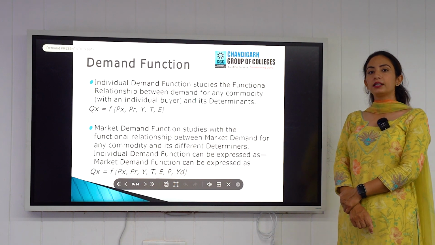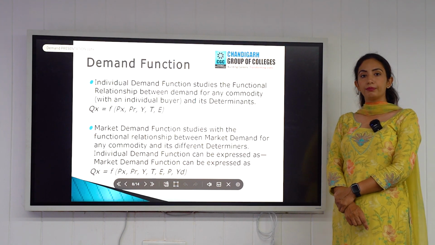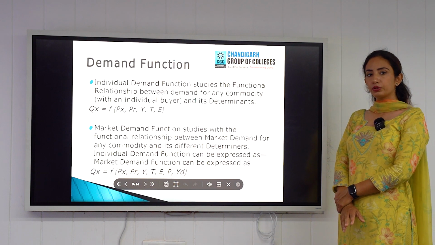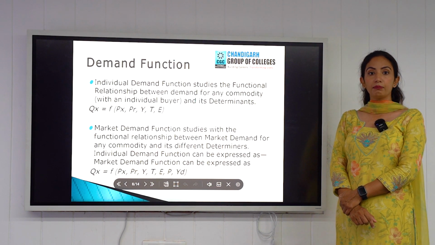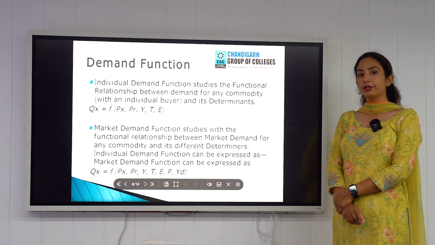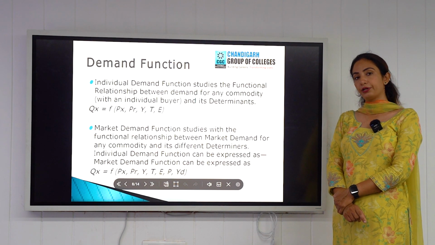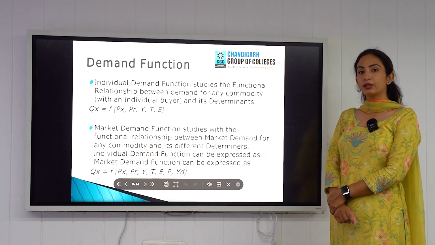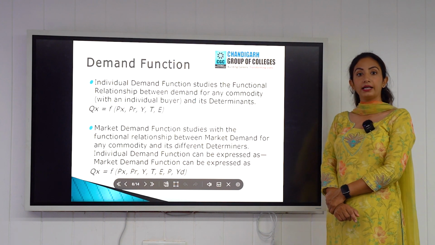Then we have a certain equation in demand determination known as the demand function. It will be in both contexts, individual and market, same as we have studied in the individual demand curve and schedule, and the market demand schedule and curve. One is for the individual and the second is for the market, the extended version.